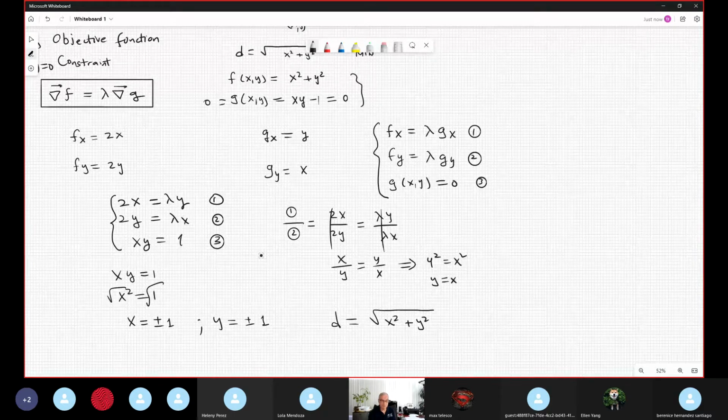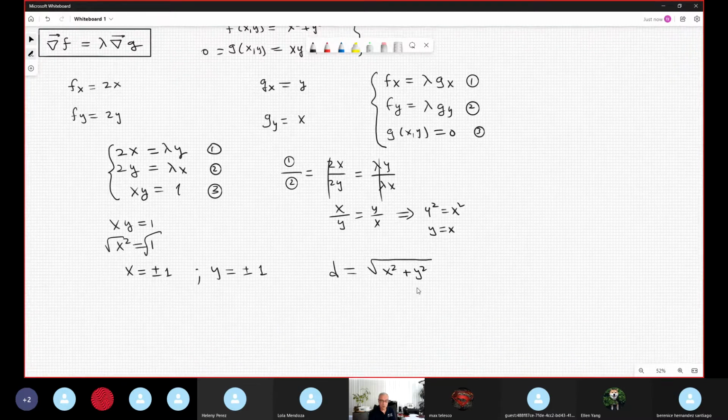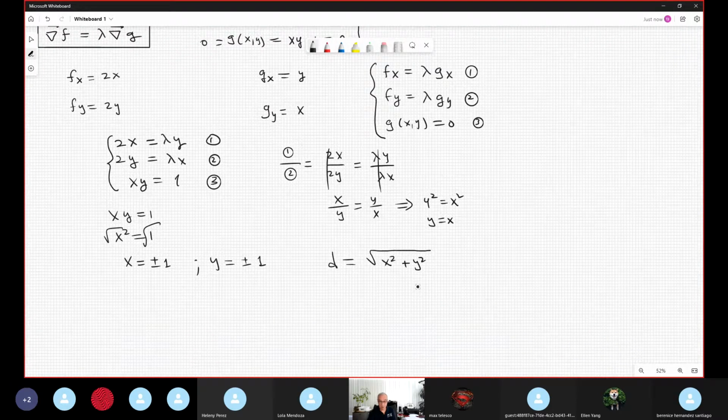So now it's obvious to use substitution, everything I can do. Basically we have 4 combinations: (1, 1), (-1, 1), (1, -1), and (-1, -1).